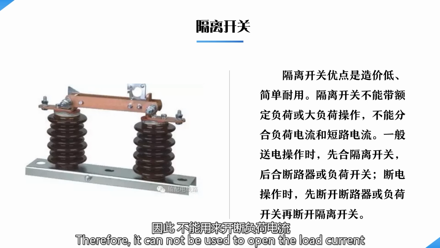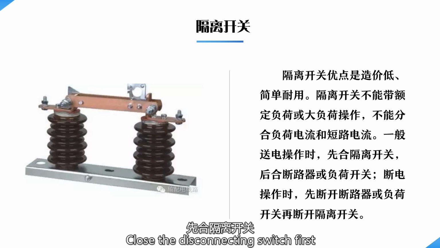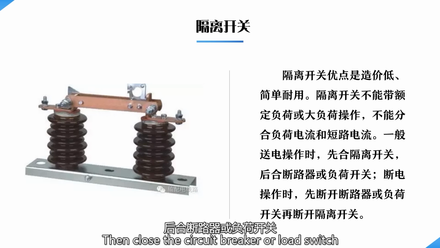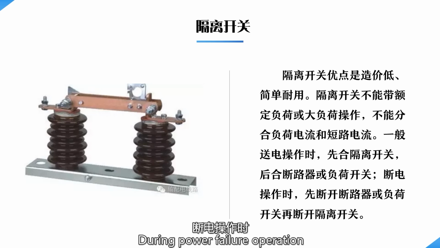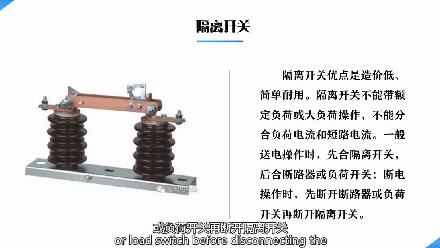Therefore, it cannot be used to open the load current or short circuit current. General power supply operation: close the disconnecting switch first, then close the circuit breaker or load switch. During power failure operation, disconnect the circuit breaker or load switch before disconnecting the disconnecting switch.